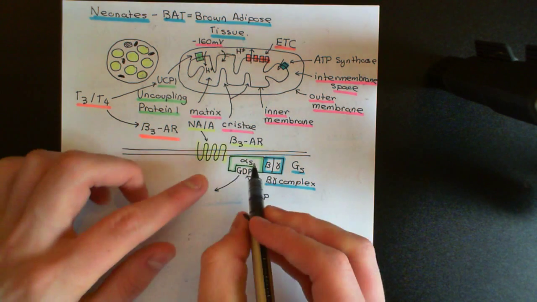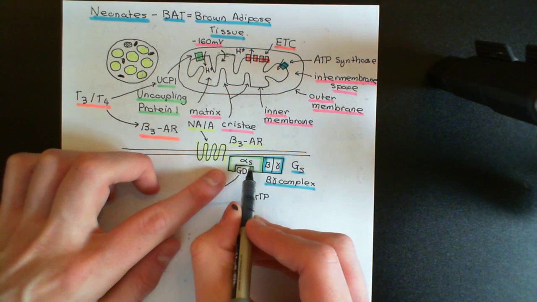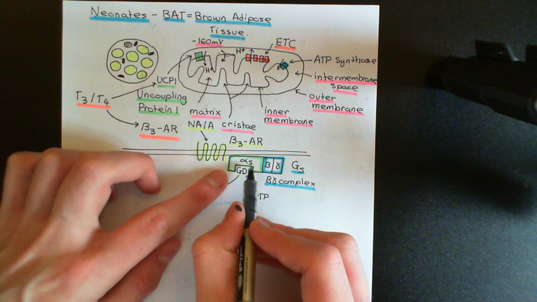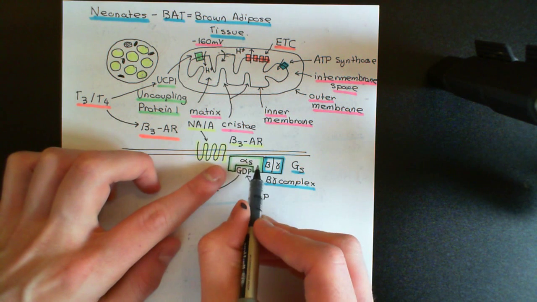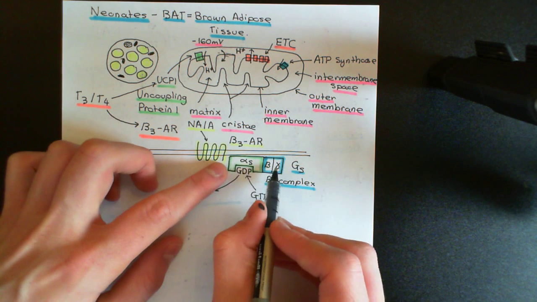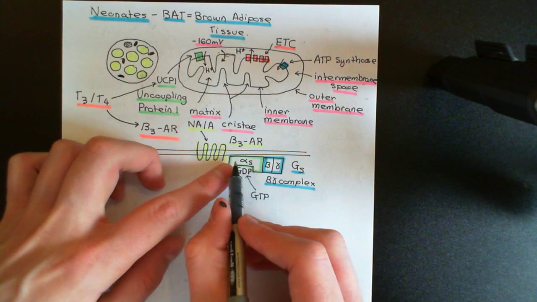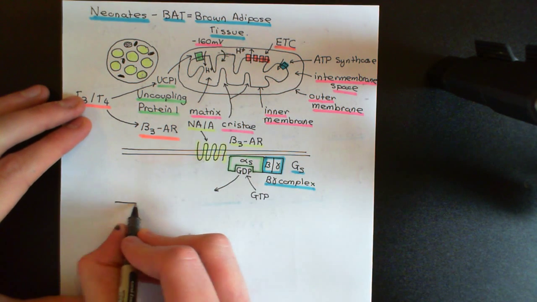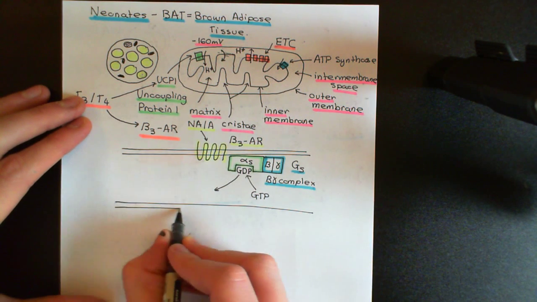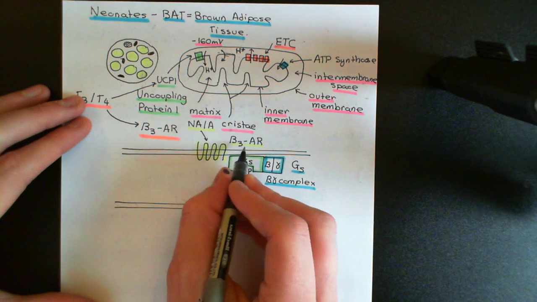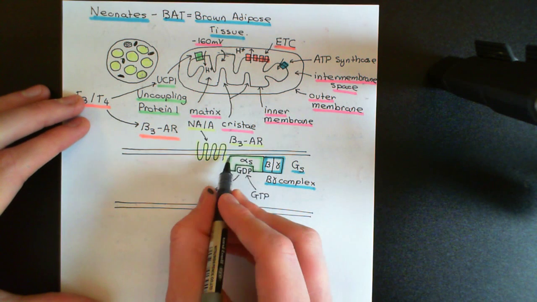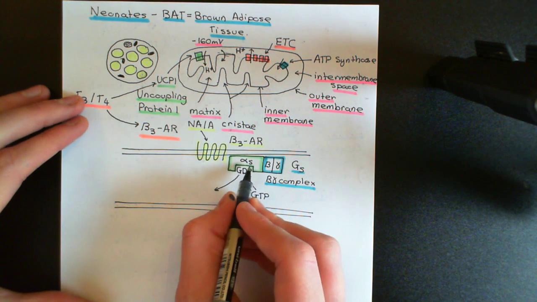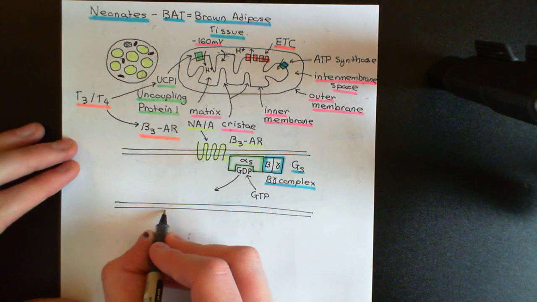The instant the GTP binds to the alpha S subunit instead of the GDP, the alpha S subunit changes conformation, and this causes it to cleave away from the beta-gamma complex, and everything also cleaves away from the activated beta-3 adrenergic receptor. It was for a while bound to the underside of the receptor, but once you've had the activation of the GS heterotrimeric G protein, everything moves away.